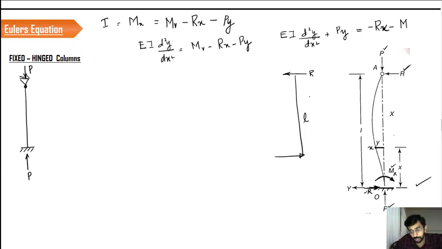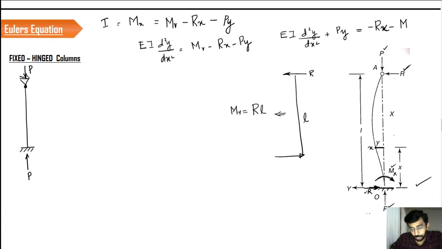It forms an anti-clockwise couple, which is going to balance this MR. Then only the entire system will remain in equilibrium. So using this idea, we can say that the reactive moment MR is nothing but R into L, the couple.